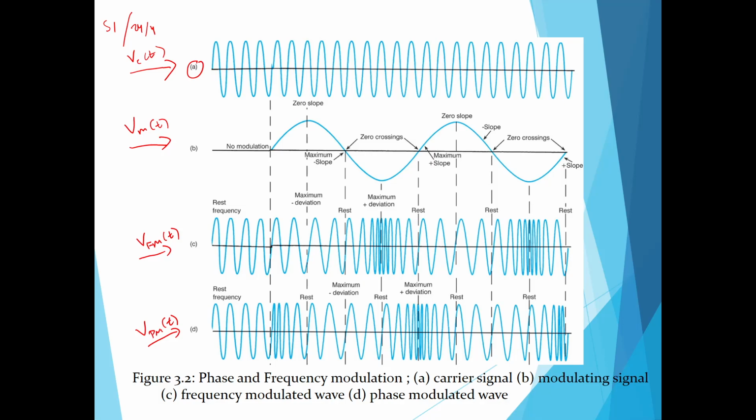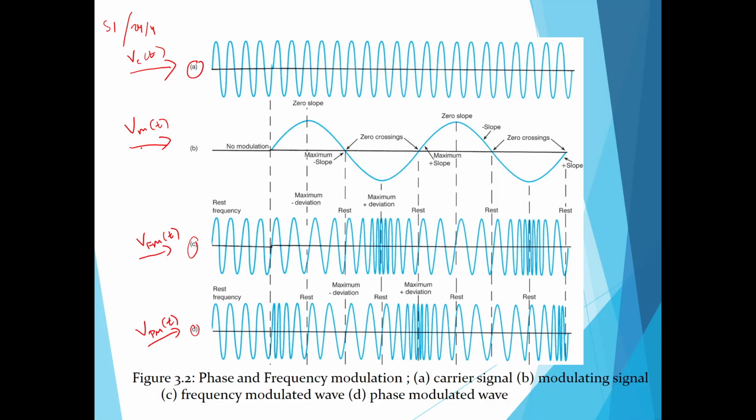For VFMT and VPMT, C and D, the amplitude of the carrier is not changed. Only the frequency and phase are changed. Different from AM, where the amplitude of the carrier changes up and down. Now the frequency and phase change means that the ripple of the wave is changing, in accordance with the amplitude variation of the VMT.